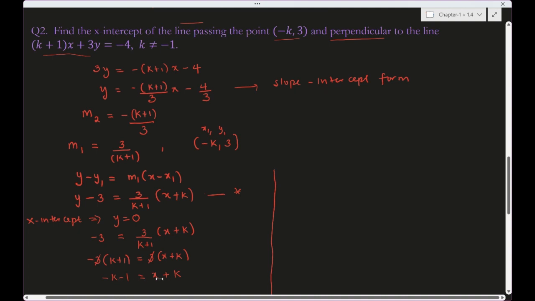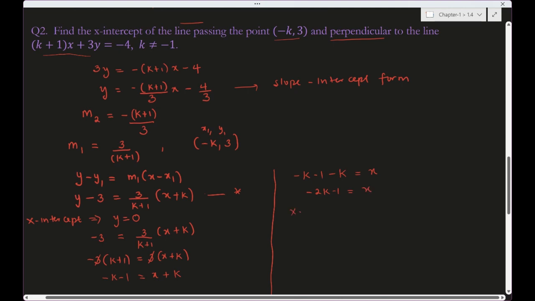What we can do here is write minus k minus 1 minus k is equal to x. So this is minus 2k minus 1 is equal to x.